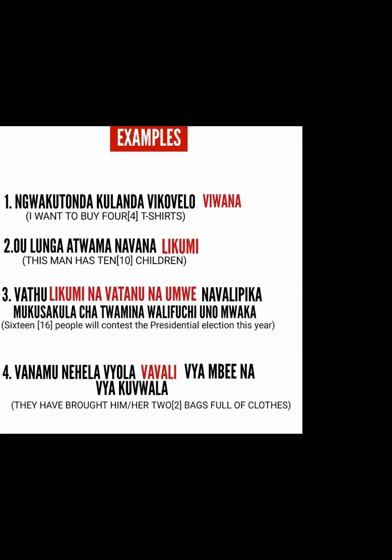So when we say twamina walifuchi, we mean a leader of a country or a nation. That's in this case a president. So in Luvale, to say president is twamina walifuchi, meaning the leader of the nation or the leader of the country.